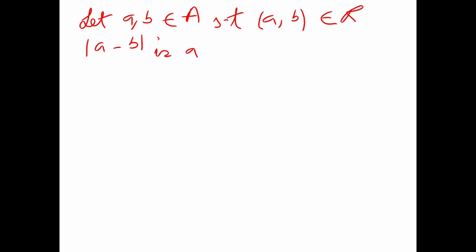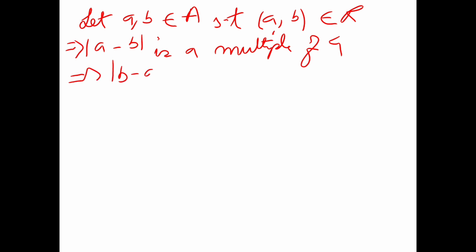A minus B is a multiple of 4, so B minus A is also a multiple of 4.